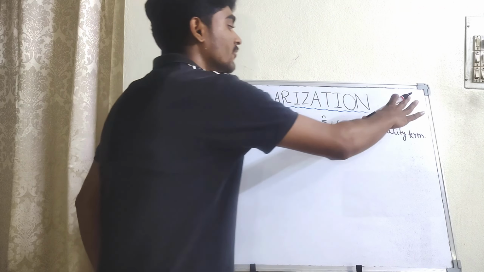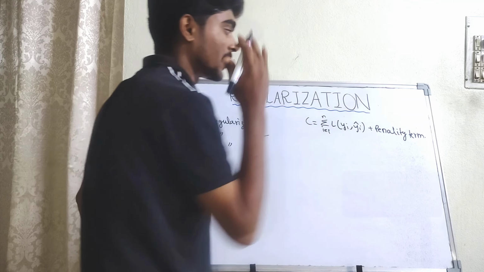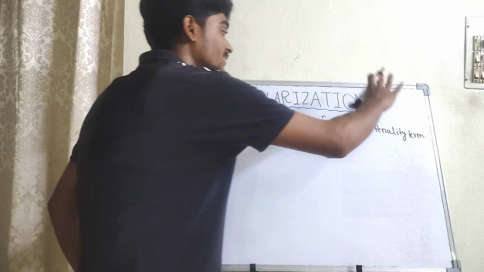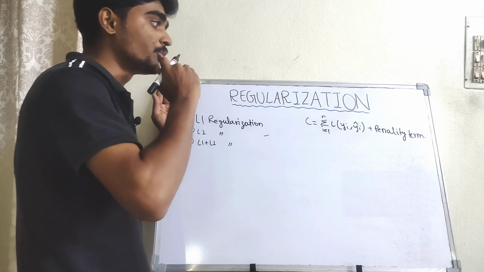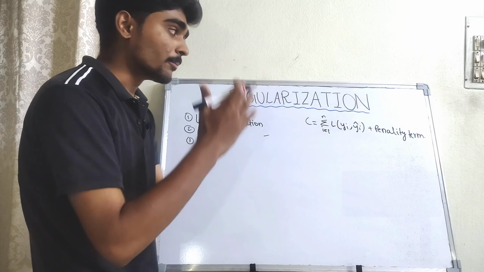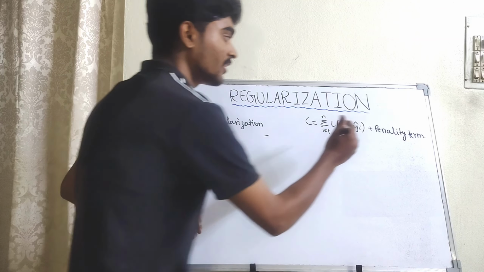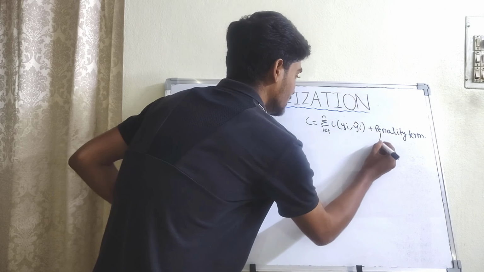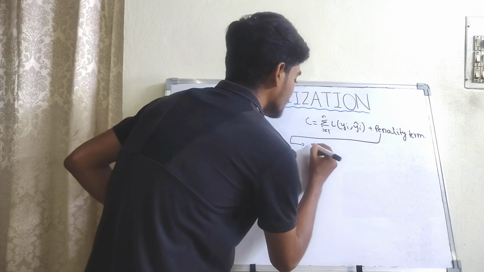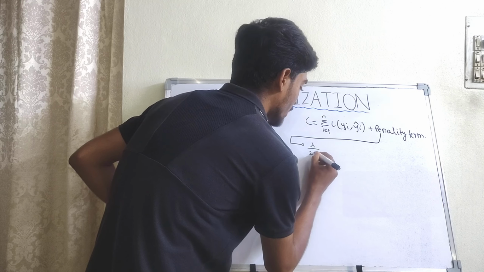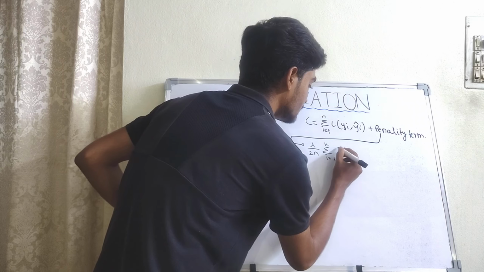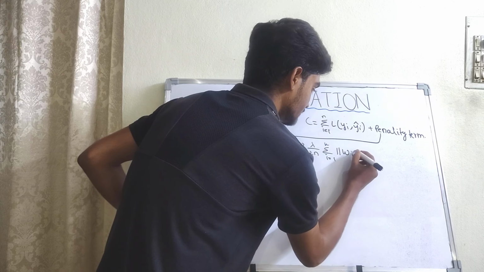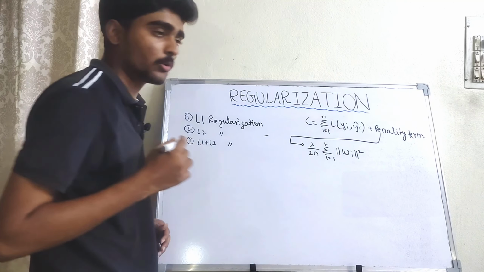Now let's see what this penalty term actually is, how my cost function changes by adding it, and how, due to this change in cost function, my weight values change. This penalty term is nothing but lambda by 2n, summation of i equal to 1 to k, modulus of wi whole square.